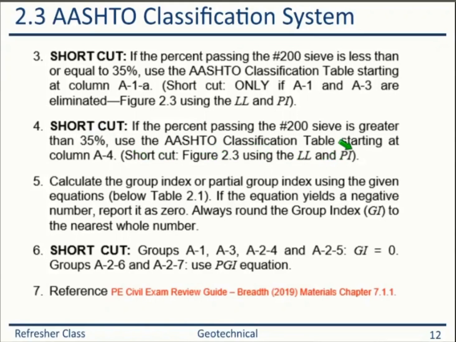You could directly use this Figure 2.3. In case the percentage passing through the number 200 sieve is less than 35%, then only after A-1 and A-3 are eliminated in the table, you could use this figure.